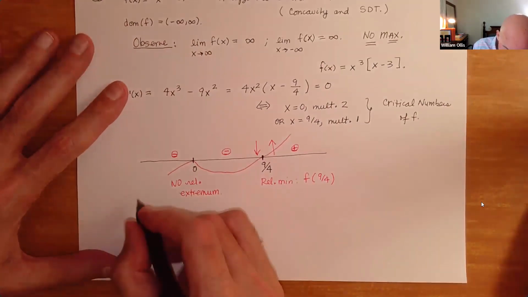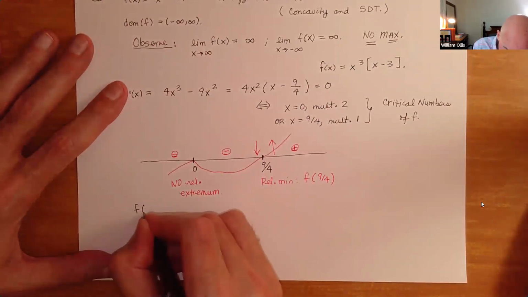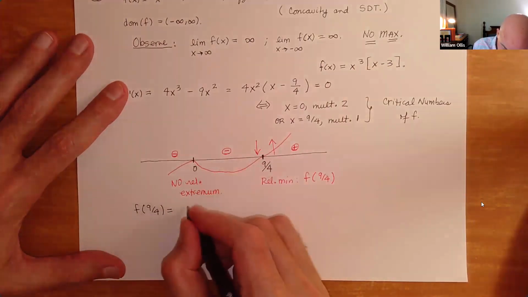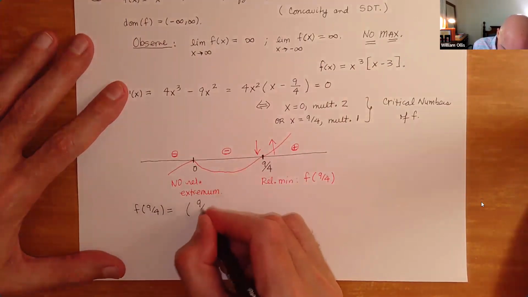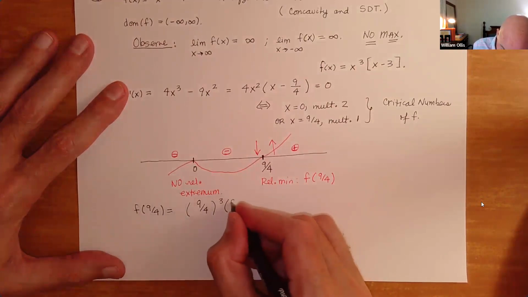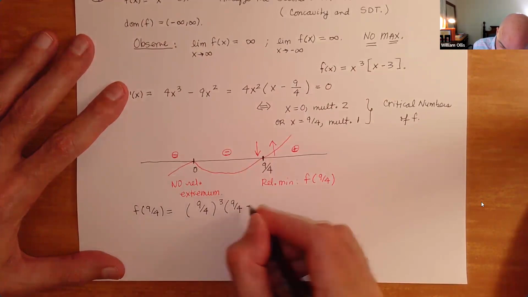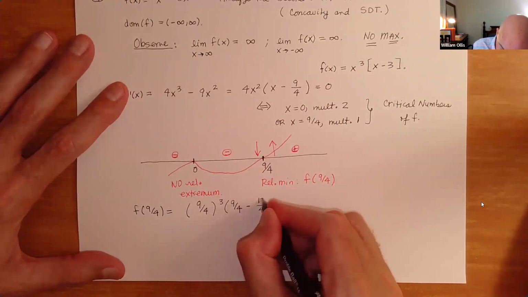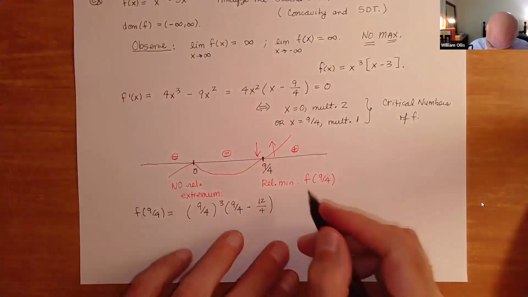So let's check that value. So f of 9/4, we can just use this. So this will be 9/4 cubed times 9/4. And if you like, go ahead and write the 3 with a 4. So 4 times 3 is 12, just to get a common denominator.